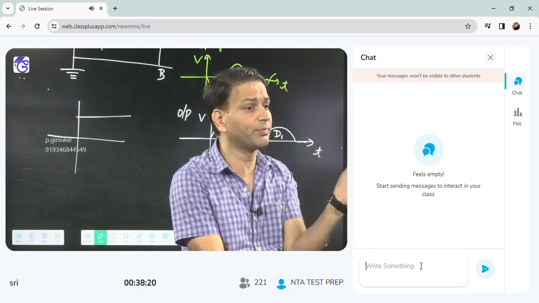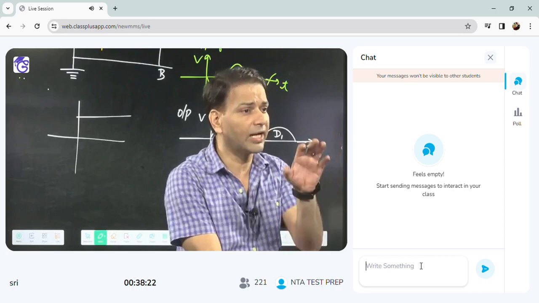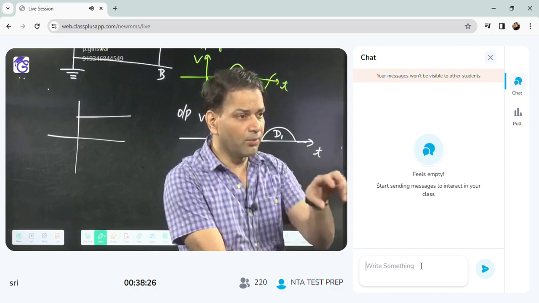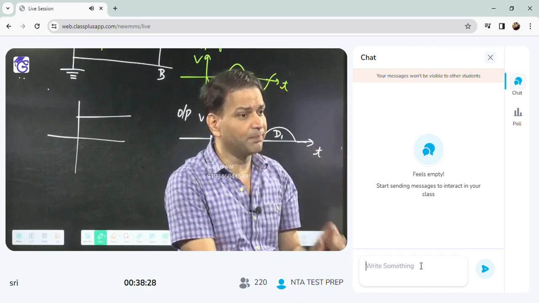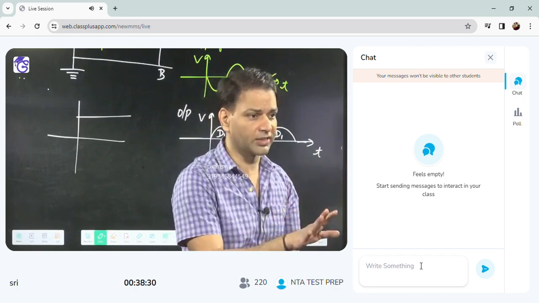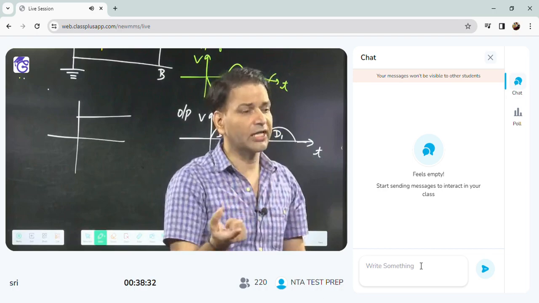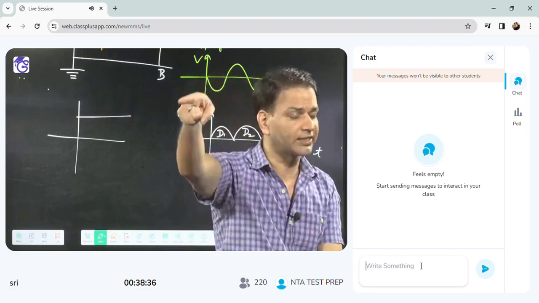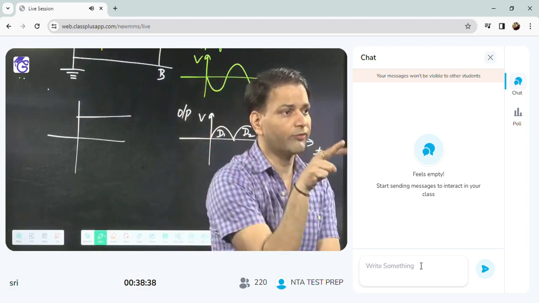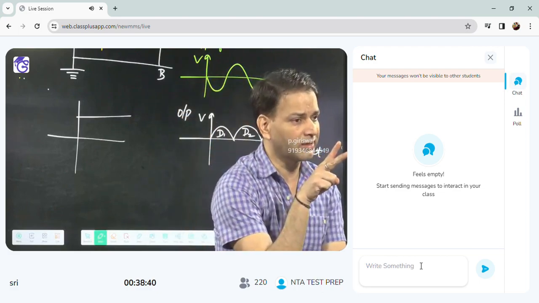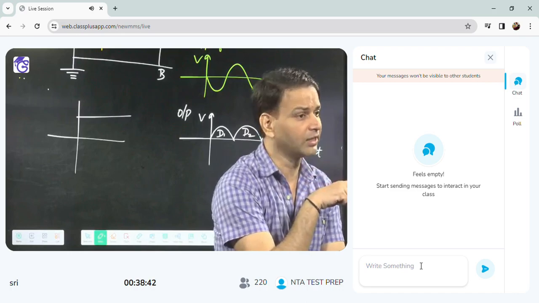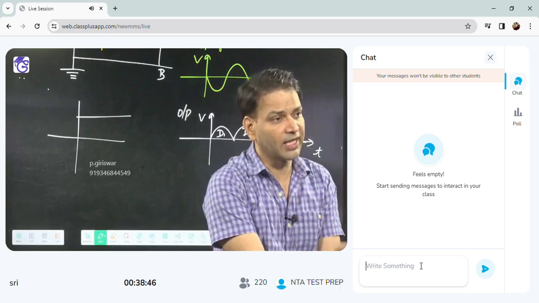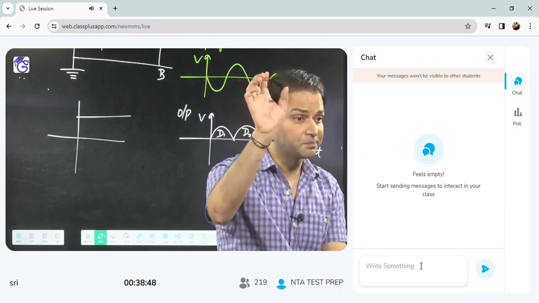Parallel with the load means where I'm getting the DC output. So that capacitor I will connect in parallel with the load in the filter circuit. Otherwise, we can use an inductor. If we are using the inductor, that inductor we will connect in series with the load. So in a filter, we can either use a capacitor, and then the capacitor filter we have to connect in parallel with the load, or we can use an inductor, and that inductor filter we will connect in series with the load.